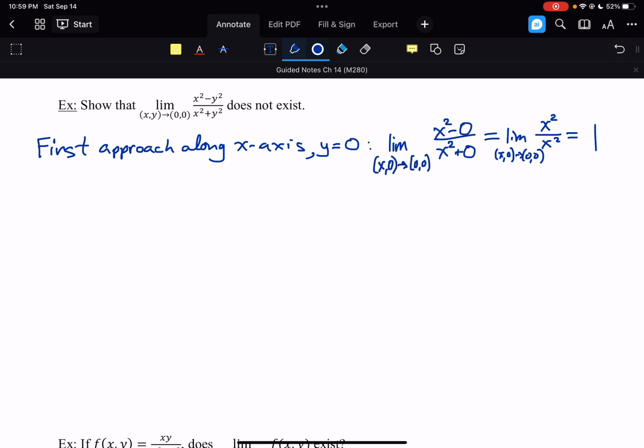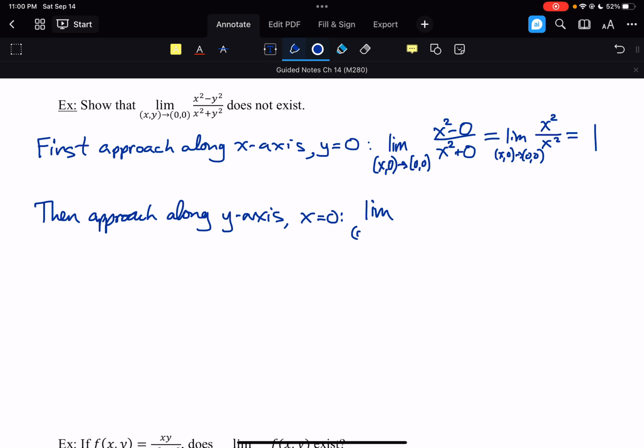Okay, so coming towards (0,0) along the x-axis, our outputs are approaching a value of 1. Now, let's approach along the y-axis, which is the line x equals 0.